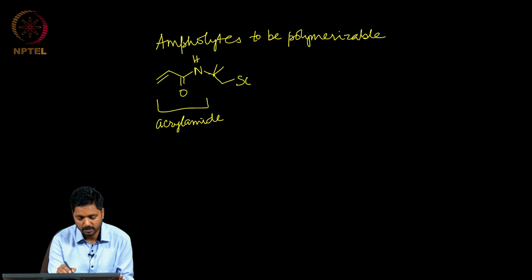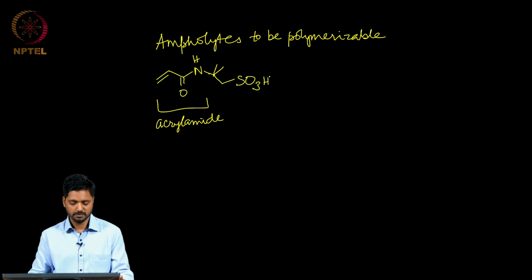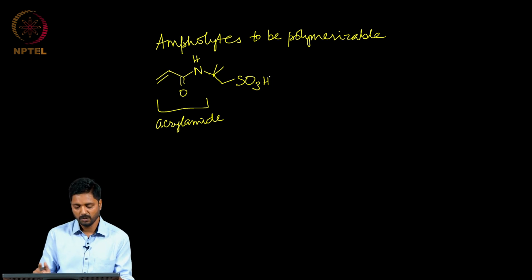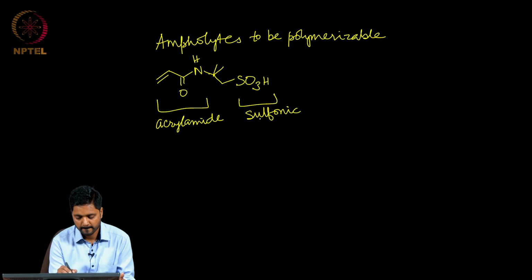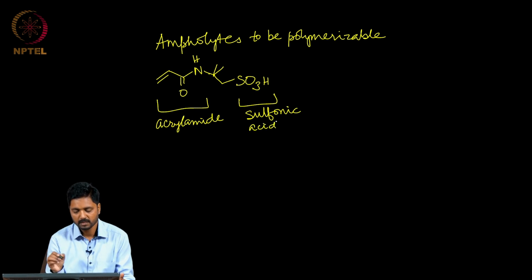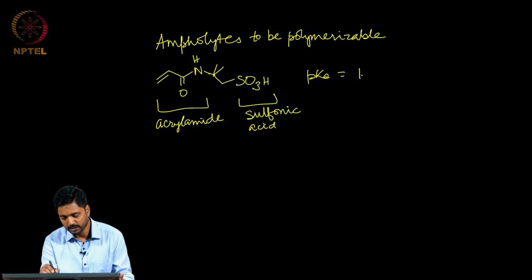So, for example, we can attach a sulfonic acid residue here on our molecule which has the acrylamide part present, and this is the sulfonic acid part, and the sulfonic acid gives it a pK value of 1.2.